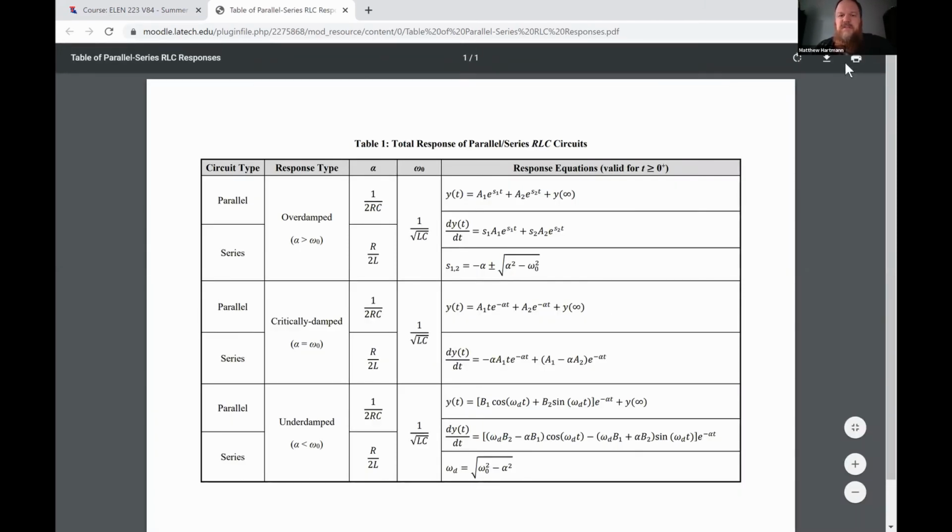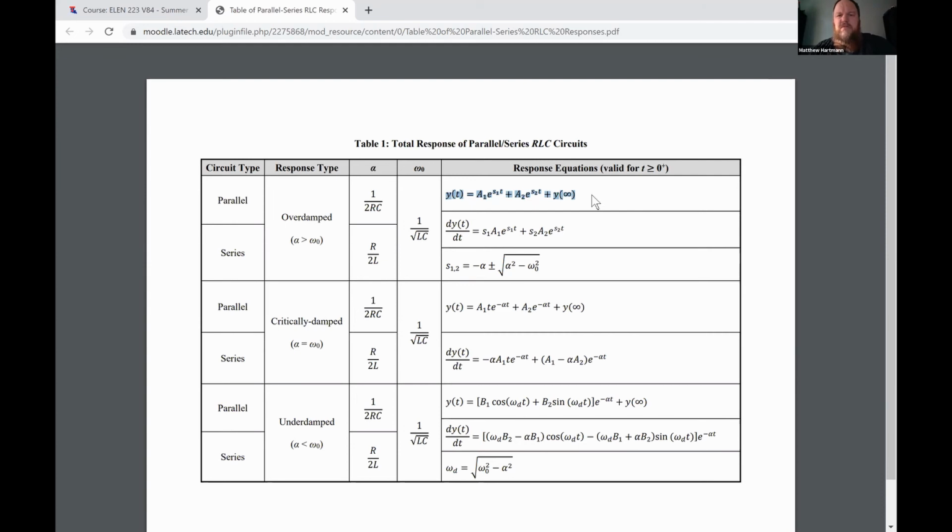And so we're going to be using this table for the next 2-ish weeks to figure out how these kind of circuits behave. Now, I believe in the online lecture that I put up, I effectively derived the equation for the overdamped response, which I have here as y of t.